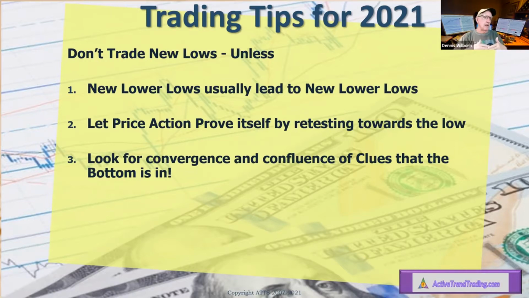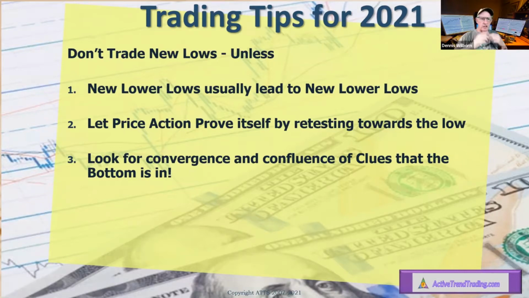That's the bottom line. By retesting toward the new low or the lower low, if it does not go down to that level and it starts to bounce, you have the first part of a new uptrend in place. And that could be a higher low. Look for a convergence and confluence of clues that also lets you know that a bottom is in.